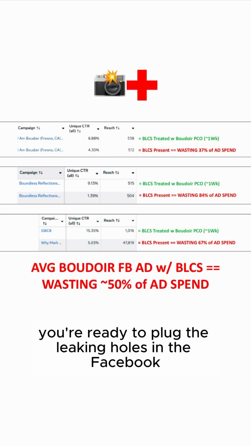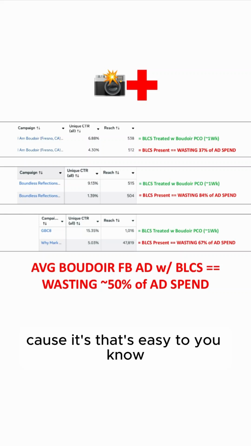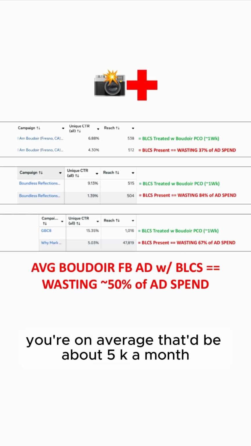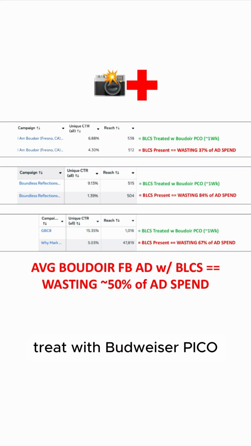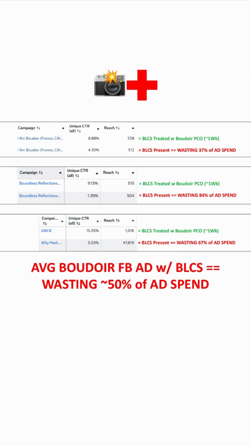Now you're ready to plug the leaking holes in the Facebook ad strategy because that's easy, just eliminate the waste. And you actually want to keep more money in your pocket. On average, that'd be about 5K a month, approximately, back in your pocket. Trade with Boudoir Pico, and approximately 60K over the next 12 months, over the next year.